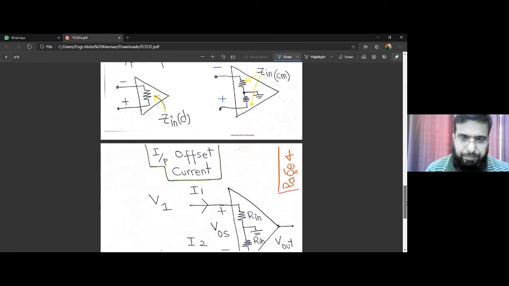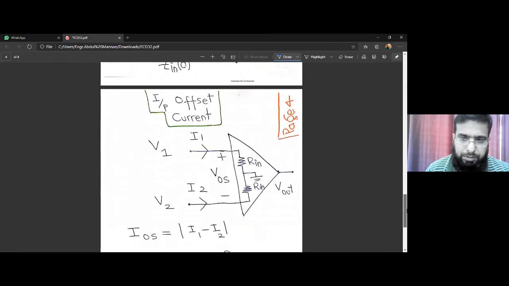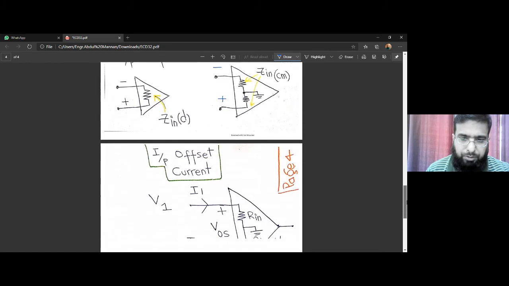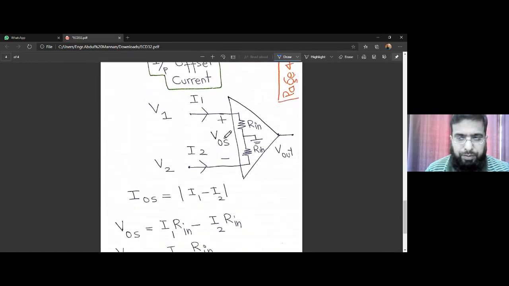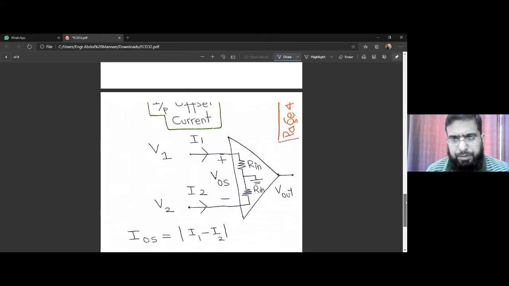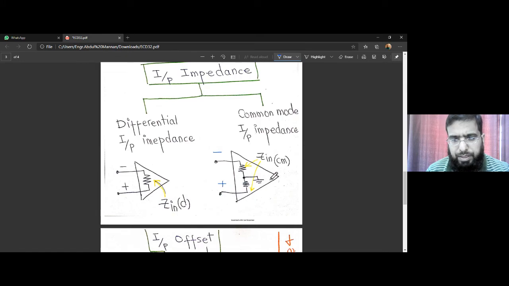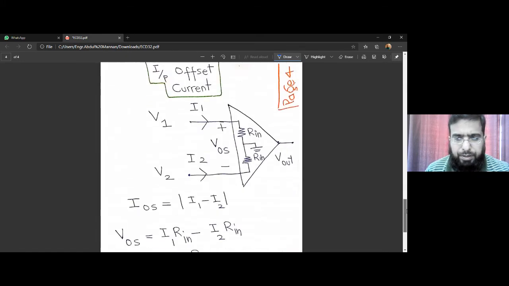Right, so the last thing for this lecture is input offset current. Input offset current is the difference of the two currents. This is the case when we have the same input CM. If we have the same input applied, then V1 is equal to V2.